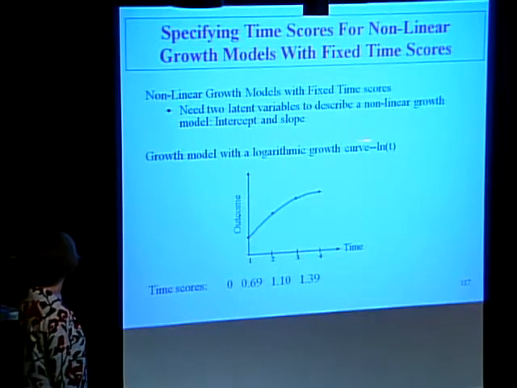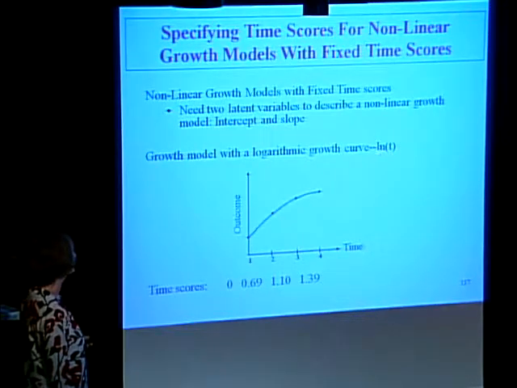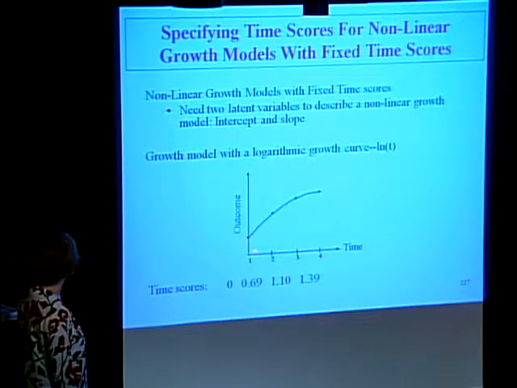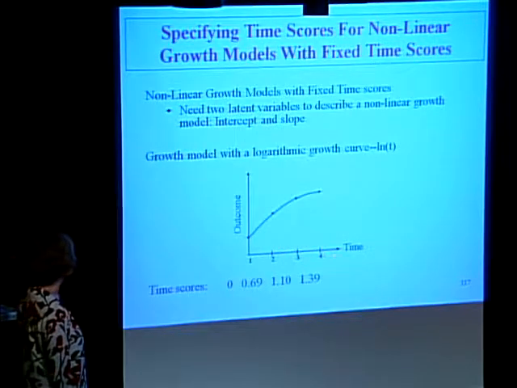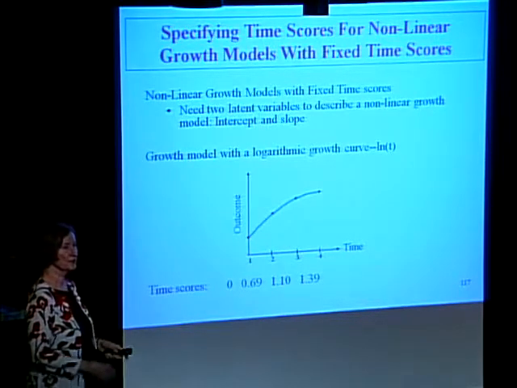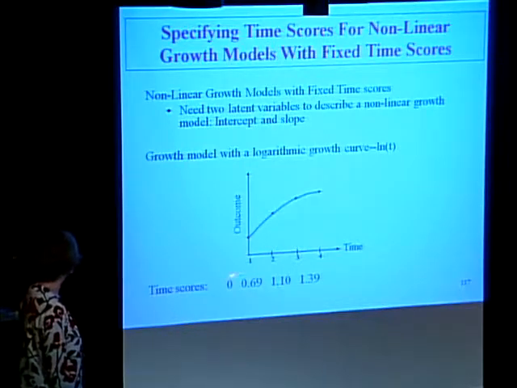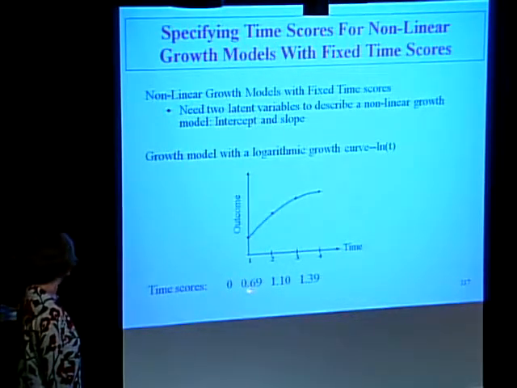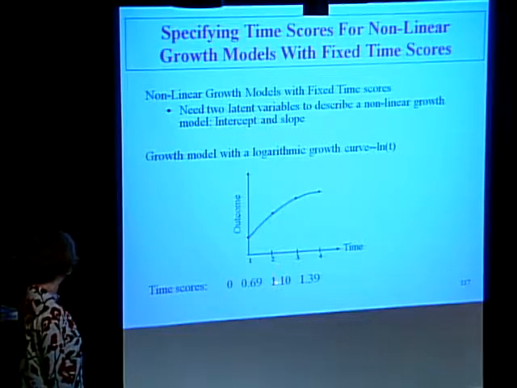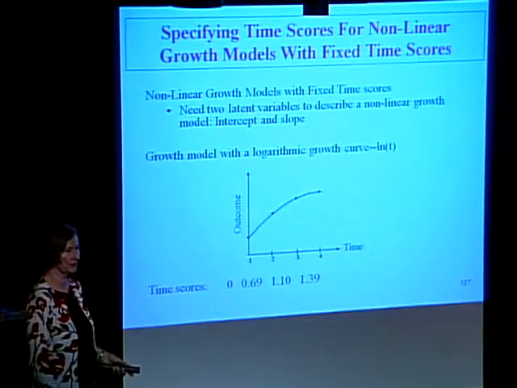What we do is we figure out our time scores by taking the log of time. So time is 1, 2, 3, 4. We take the log of 1, 2, 3, 4, and we get time scores of 0, 0.69, 1.10, and 1.39. So you would say, let's say it was math 7 at 0, math 8 at 0.69, math 9 at 1.10, and math 10 at 1.39.